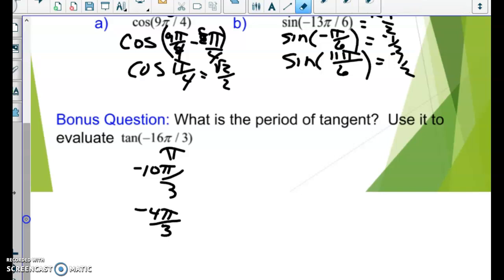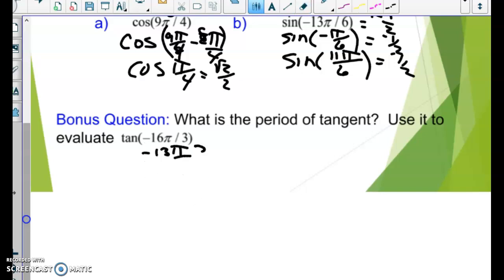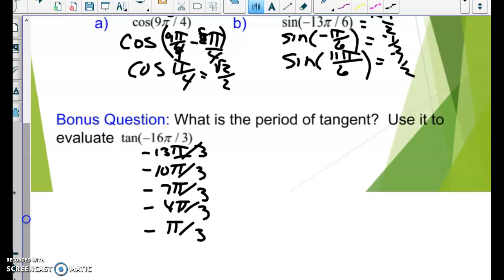I'm adding 2 pi there. Let me add pi. So negative 13 pi over 3, negative 10 pi over 3, negative 7 pi over 3, negative 4 pi over 3, negative pi over 3, and if I add another one, positive 2 pi over 3. These should all give you the same answer because every pi, the tangent is at the same place.